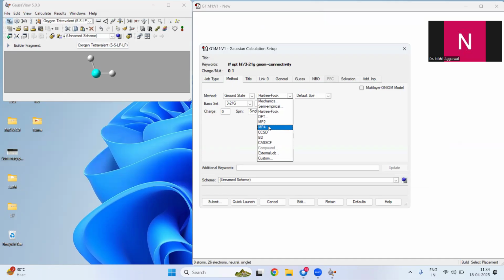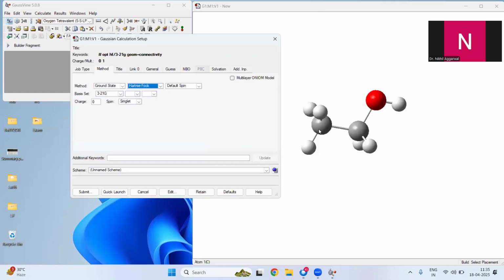Now there is a limitation with the MP2 and MP4 models. The limitation is that even though the number of atoms lies within the 8 to 80 zone, there is one more condition: none of the atoms should have a d orbital, whether filled or vacant. Now, if I look at this molecule, ethanol, carbon, hydrogen, oxygen, none of the atoms have a d orbital. So I can safely apply the MP2 or MP4 model.